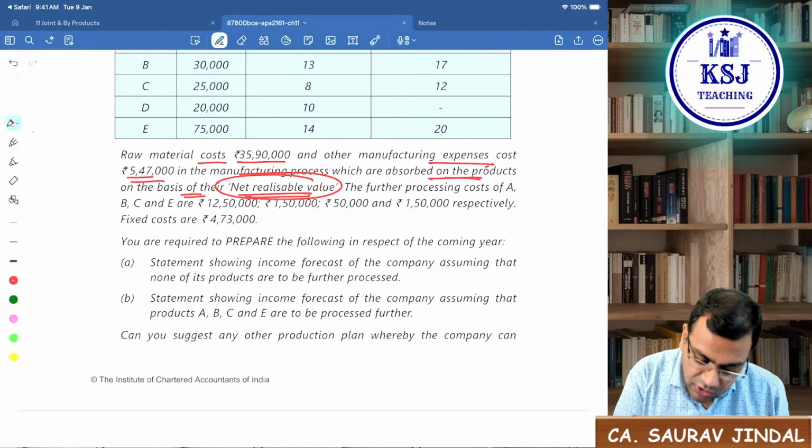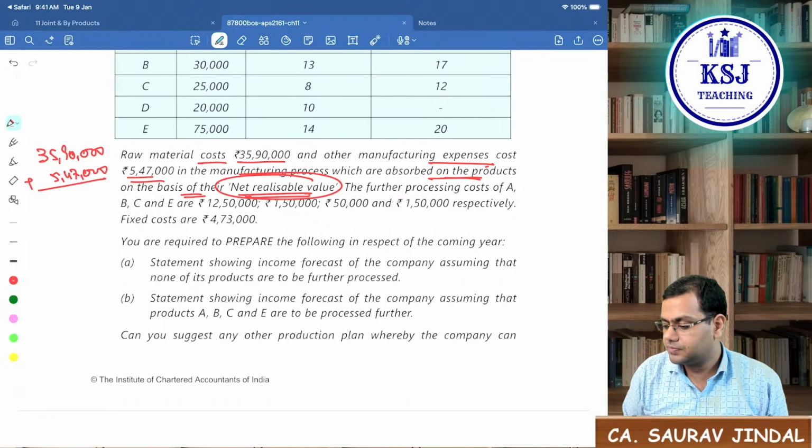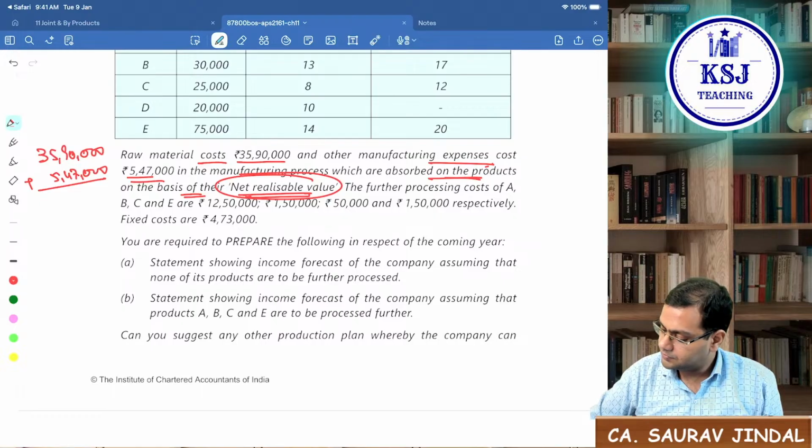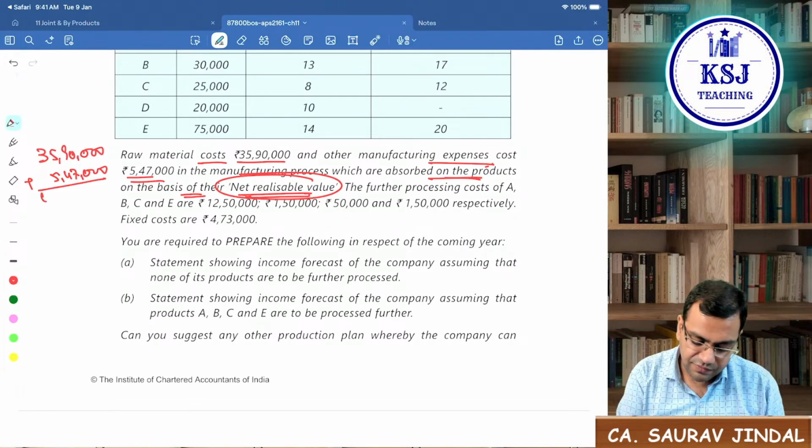So joint cost will be what? 35,90,000 plus 5,47,000. This will be your joint cost, 41,37,000.